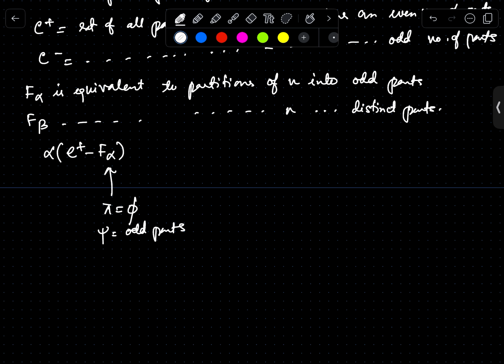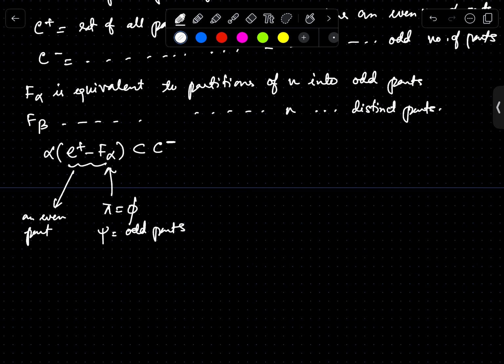If you take C plus minus F alpha, then it is guaranteed that there is an even part, either in psi or in pi. Now if you apply alpha, then you are changing the number of parts in pi by 1 or minus 1. So what we have here is that it should be in C minus.